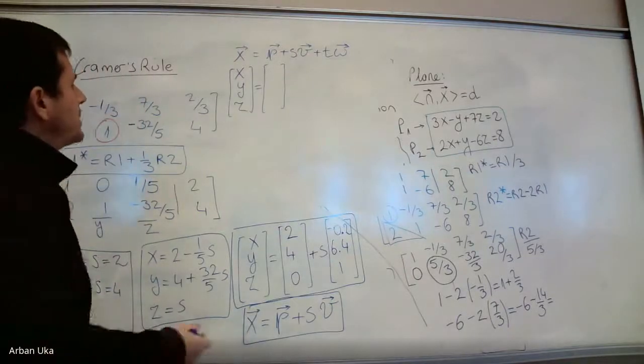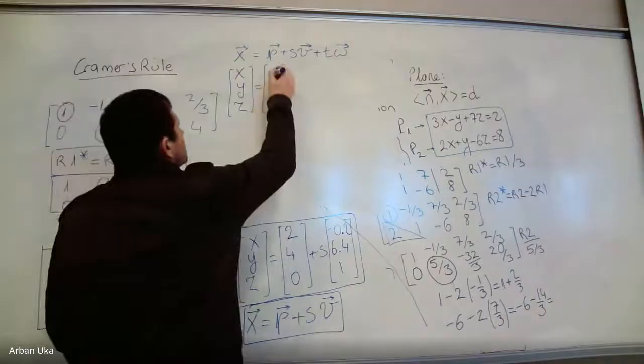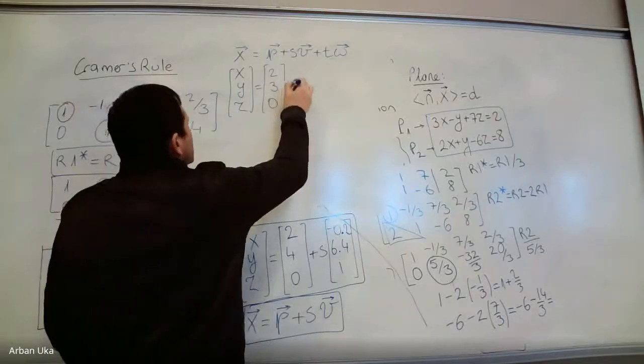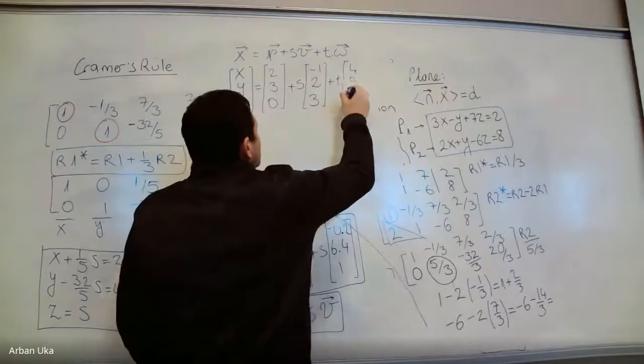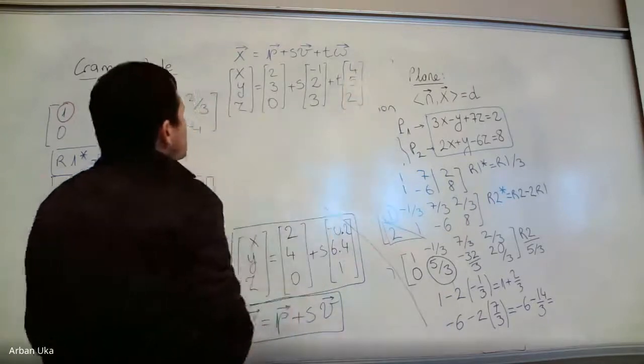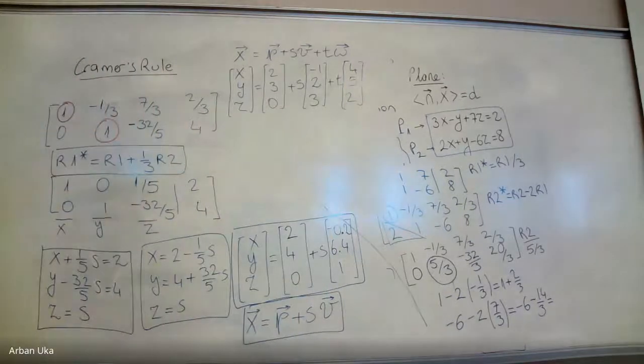Then just give me some numbers. 2, 3, 0. Yes. -1, 2, 3. Yes. And 4, 5, 2. Okay, that's good. So this is the equation of the plane.